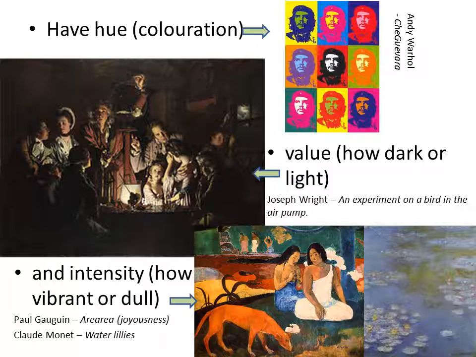Color can also have intensity. That's its dullness or its vibrancy. And you can see in these two artworks here how the artists have intentionally chosen either vibrant or dull intensity, and how it generates feeling. So if you look at Gauguin's joyousness, you can see he's chosen really vibrant colors to create a sense of a tropical paradise, this kind of utopic way of living.